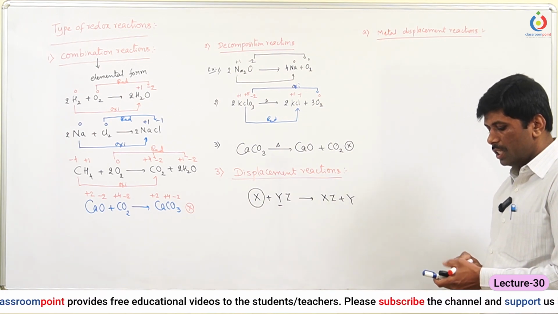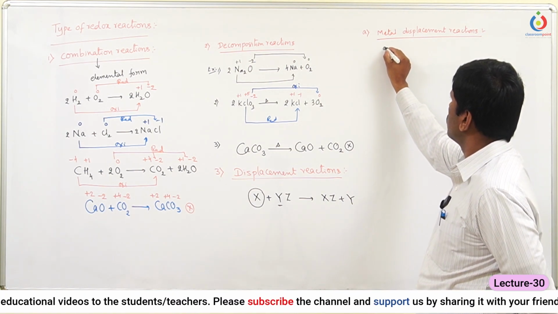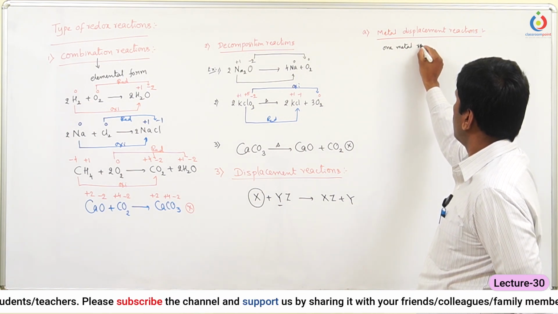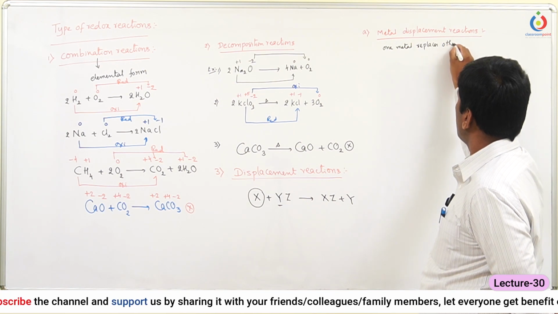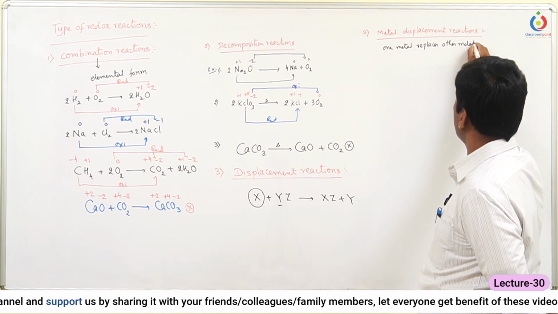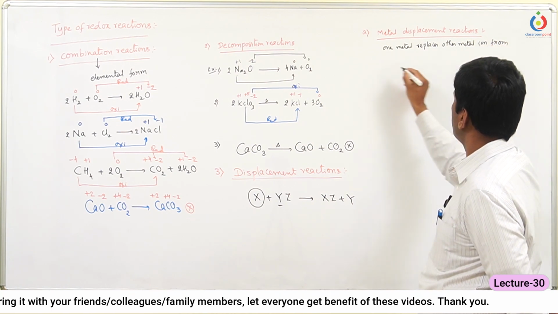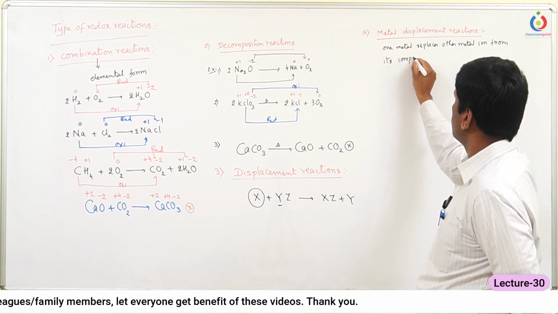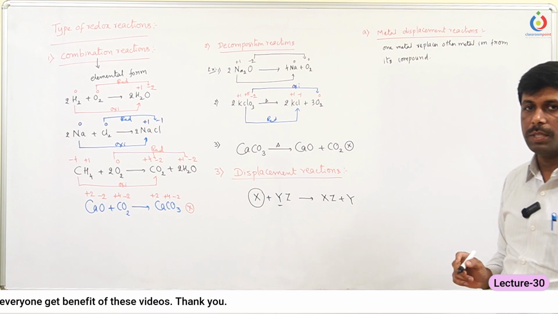In these metal displacement reactions, one metal replaces another metal ion from its compound. That is what is called a metal displacement reaction.